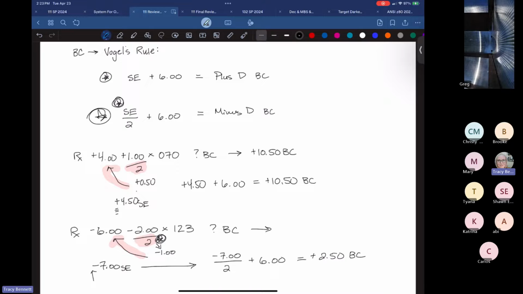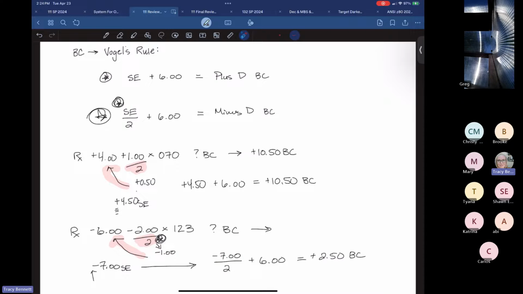It feels weird, but you divide that by 2, you come up with your minus 1, and then you add that in there, and this becomes your spherical equivalent. But that's what you use in here, and then turn around and divide it by 2 again.